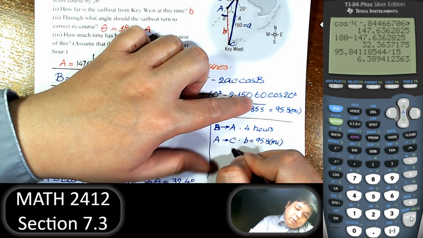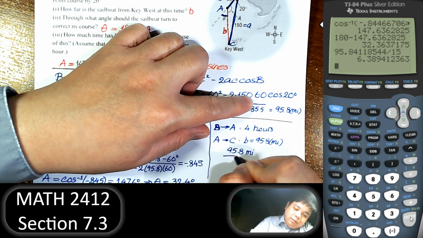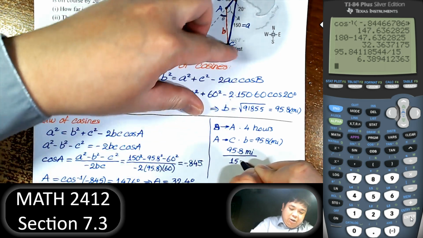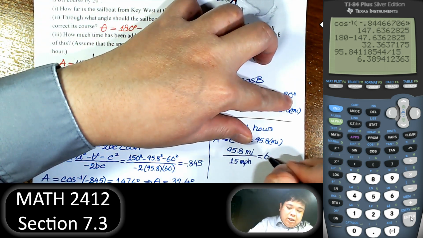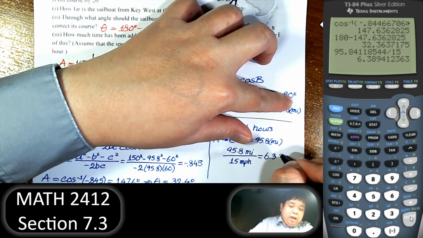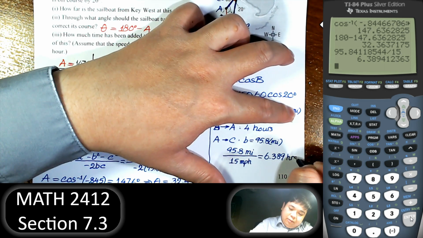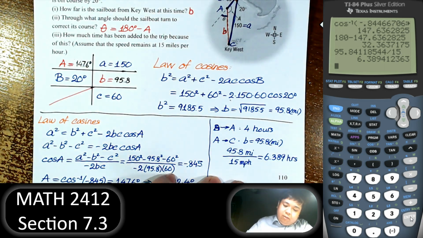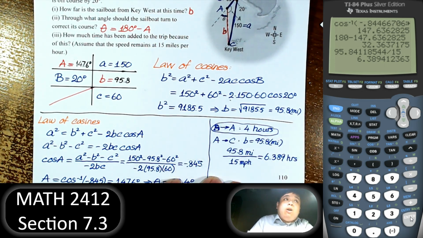So we take that divided by 15 miles per hour, which gives us 6.389 hours. So from B to A is 4 hours, and from A to C is that much.